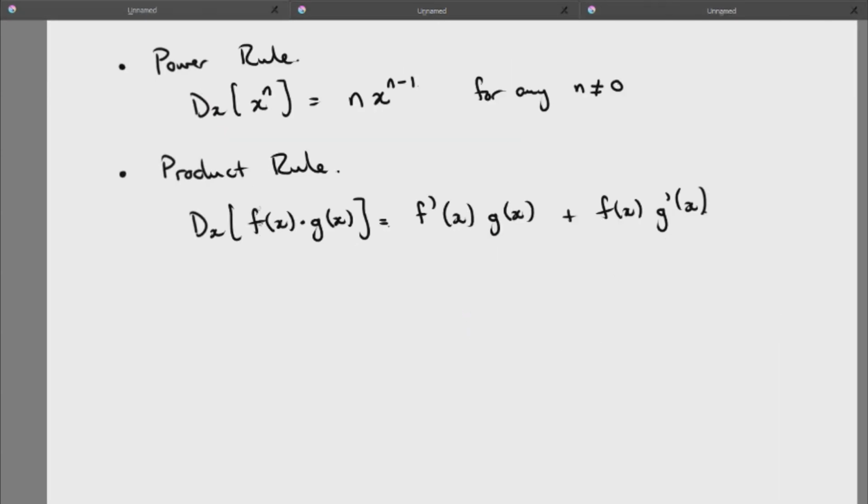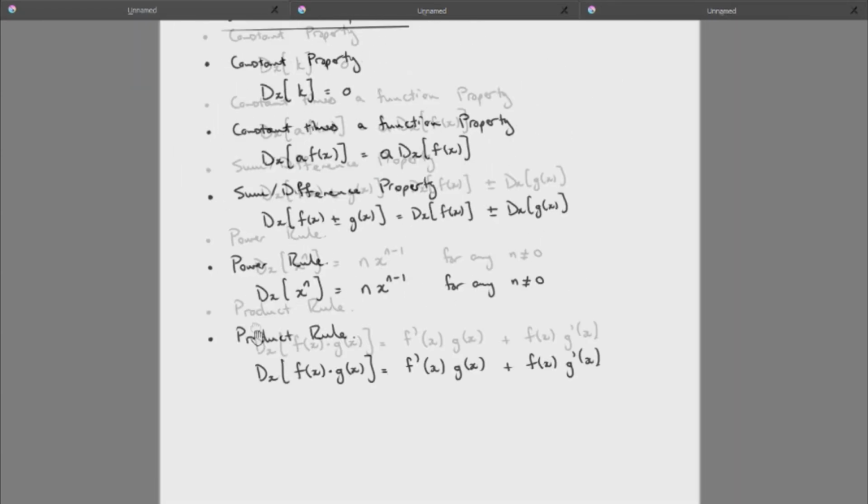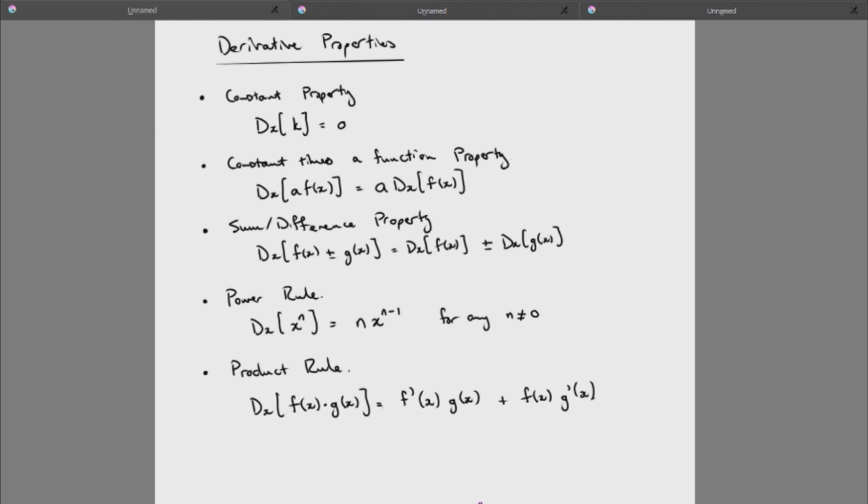So if we look at these properties, we can handle a lot of things. In terms of functions being made up of pieces combined, we can handle numbers around the essence of the function. We can handle two pieces added or subtracted. We can handle two pieces multiplied.